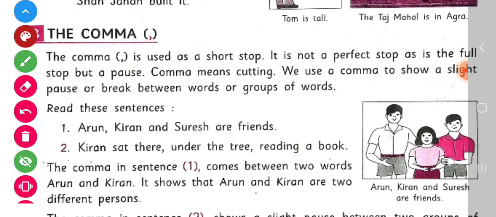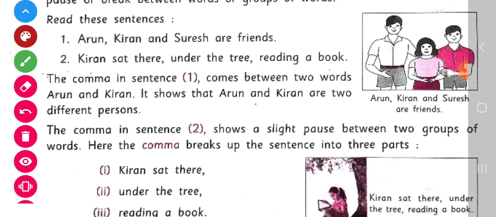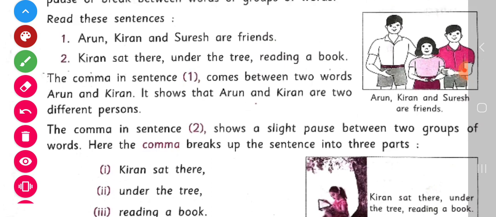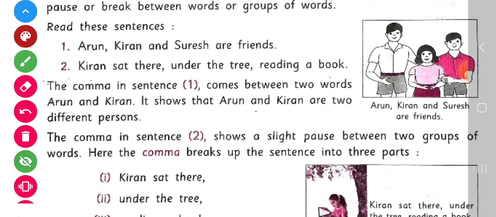Okay children, the comma in sentence 1 comes between two words, Arun and Kiran. It shows that Arun and Kiran are two different persons. And children, the comma in the second sentence shows a slight pause between two groups of words.